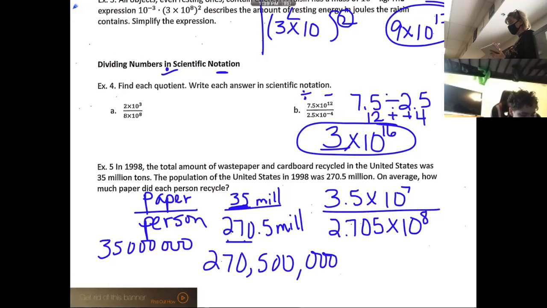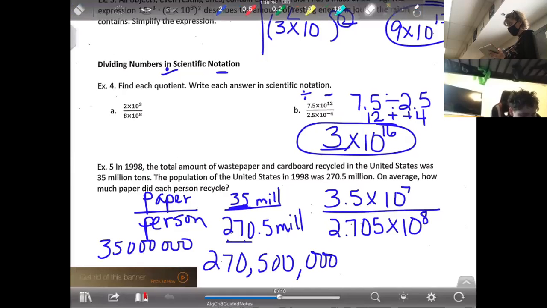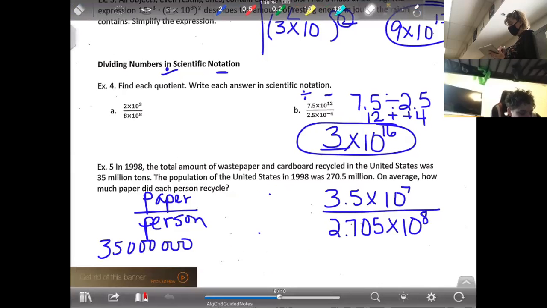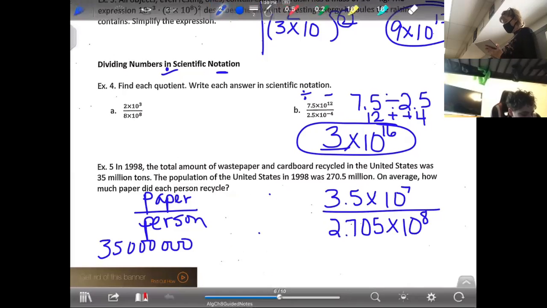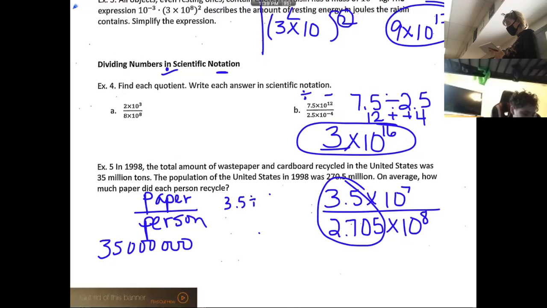Okay, so we're going to take and divide these two, so 3.5 divided by 2.705. Should be 1 point something.